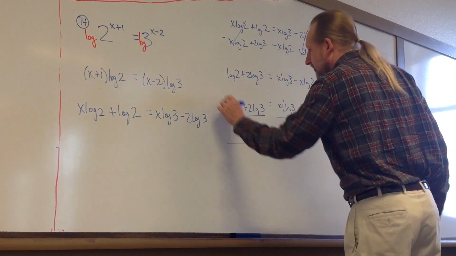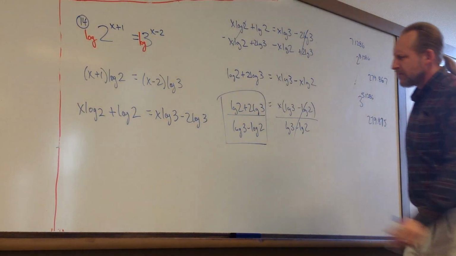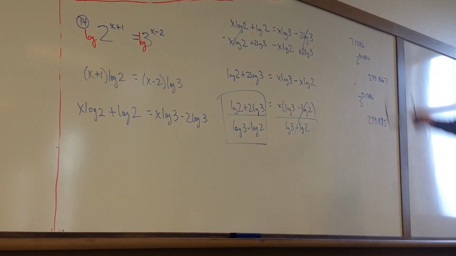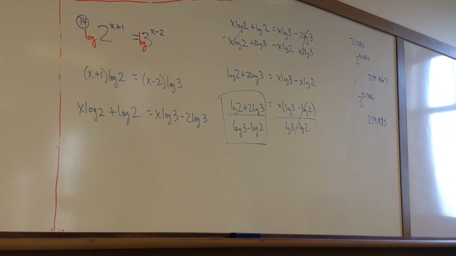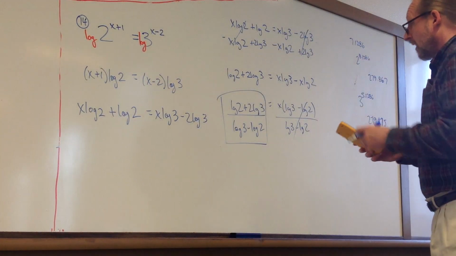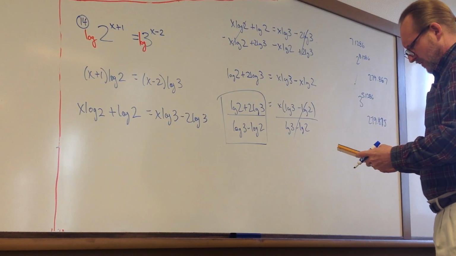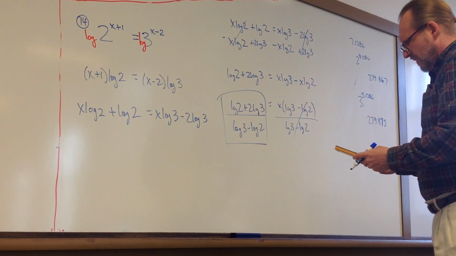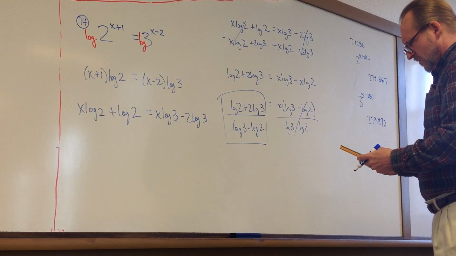And so there's our answer right there. Log 2 plus 2 log 3 divided by log 3 minus log 2. And if we calculate that, we should get that same 7.1286 number. So log 2 plus 2 log 3, and then we want to divide that by log 3 minus log 2.